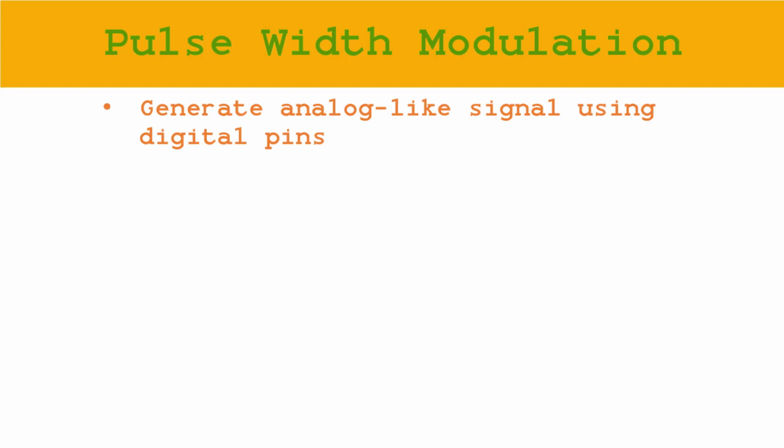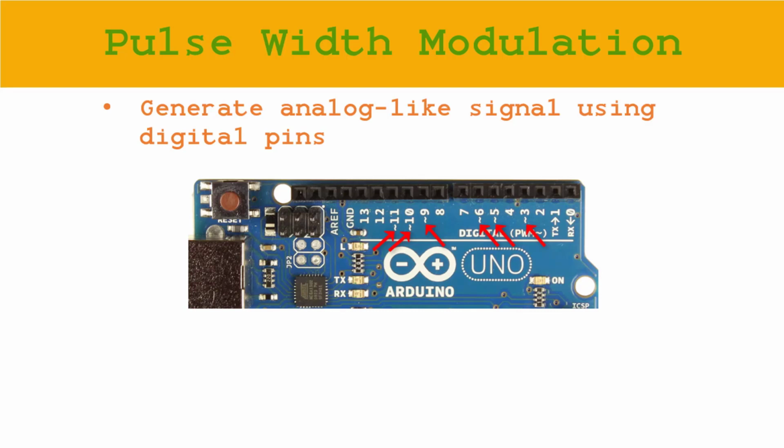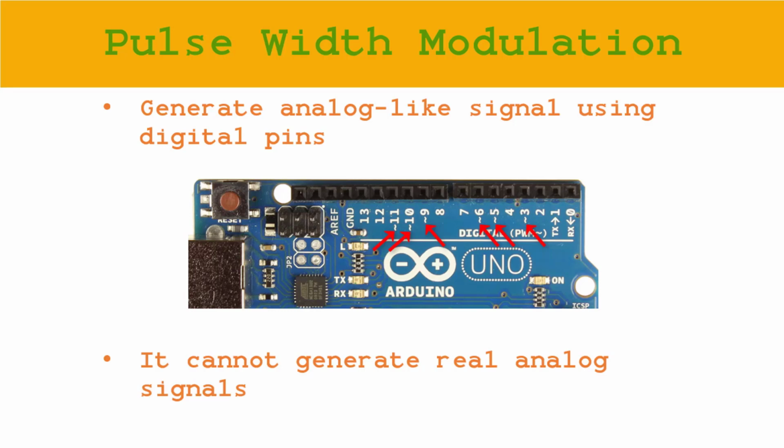As we have discussed earlier, the Arduino board has 6 digital pins that support PWM. These pins help us to generate varying voltages between 0 and 5 volts, which is useful for controlling the LED brightness. It is important to note that the PWM technique only simulates analog signals, and it cannot produce real analog signals.